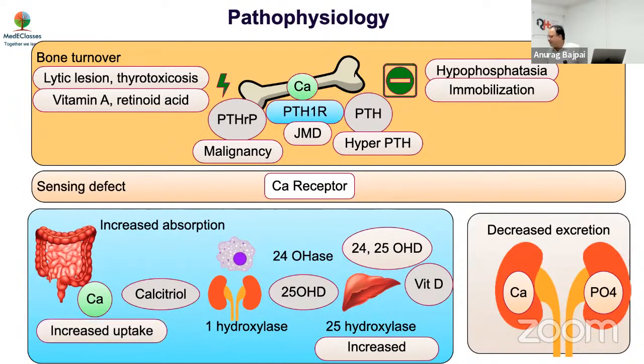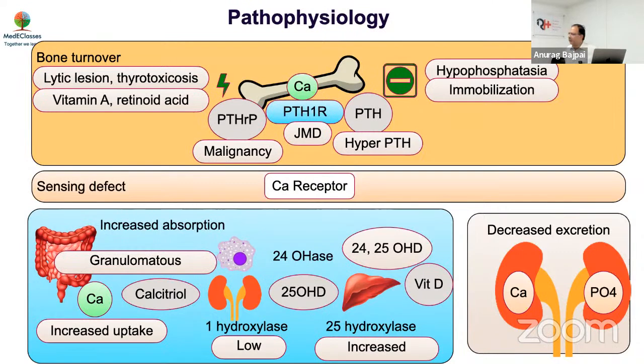You will have increased intake of vitamin D. You could have increased activity of 25-hydroxylase, or abnormality in terms of 24-hydroxylase deficiency, which can cause that. You can have ectopic production of 1-alpha-hydroxylase, classically seen in some granulomatous diseases like sarcoidosis and tuberculosis, in which you have an uncontrolled production of calcitriol, which will cause excess, or an impaired 24-hydroxylase.